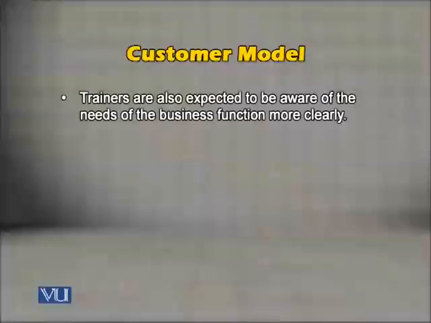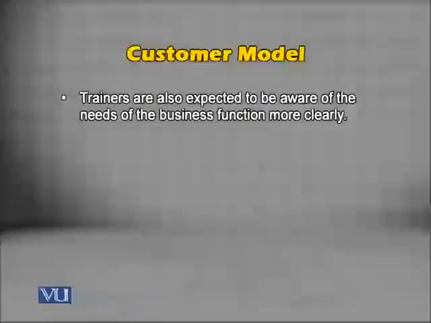Because you are serving the needs of the customers of the training, your training function will be more aligned with the business requirements of your organization. And trainers are also expected to be aware of the needs of the business function more clearly. Whereas in a faculty model, trainers are experts in the subject, in a customer model the trainers need to be experts of the function.